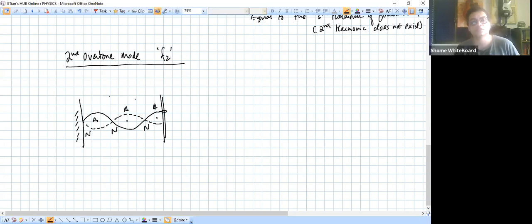You can think of it like that. The fundamental is half a loop. The first overtone is 1.5 loops. The second overtone is 2.5 loops.